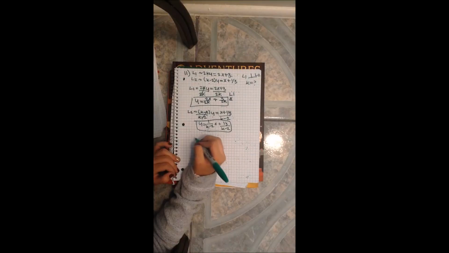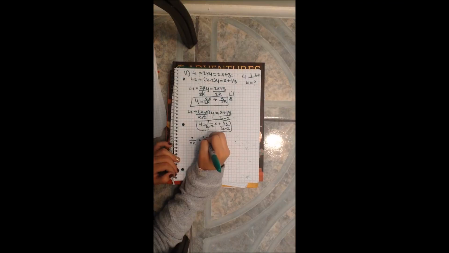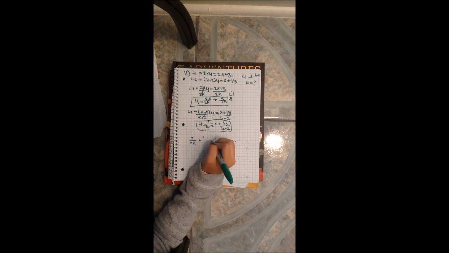So now that I have both of my slopes, it would be 2 over 2k times 1 over 3... no, your 1 over 3 is gone, so it will just be 1 over k minus 2 equals negative 1.